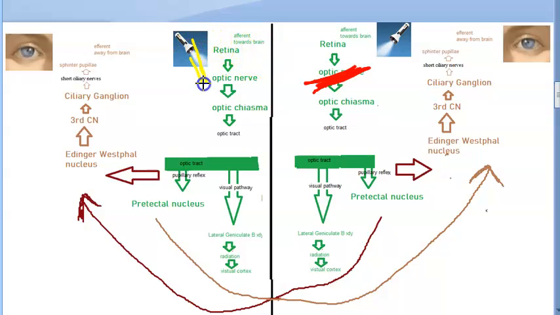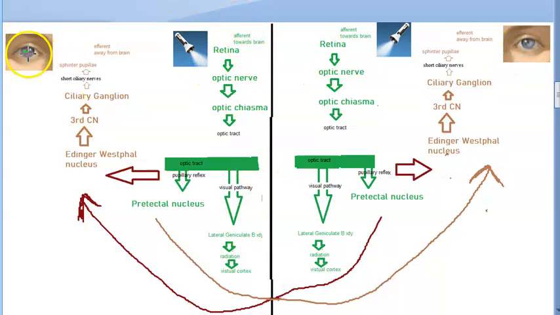But if you put light on this side and there is no lesion on this side, no problem on this side, so information goes here, this one constricts, and information goes here, and this one also constricts.